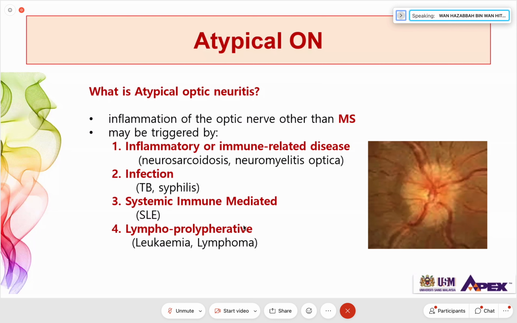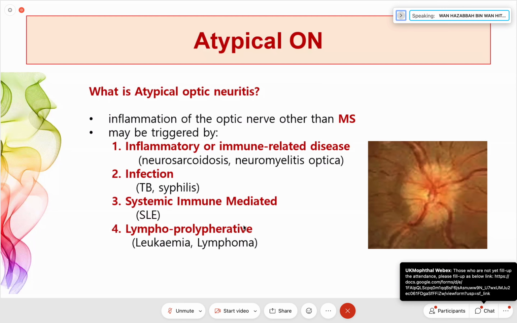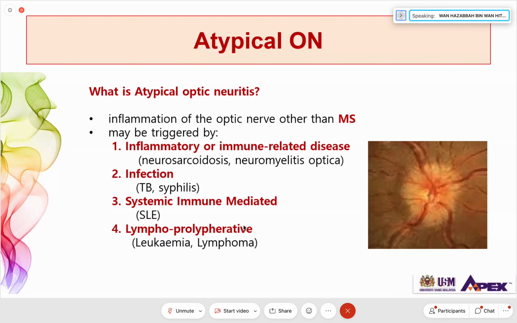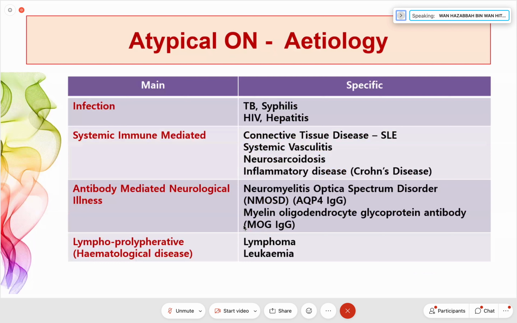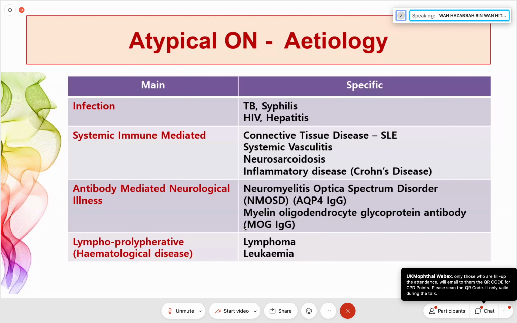What may trigger this is an inflammatory process, infection, which we need to rule out and is quite high in our setup, and some systemic disorders, especially connective tissue disorders. And then the most important, you need to rule out lymphoproliferative problems like leukemia and lymphoma, although it's not very common.